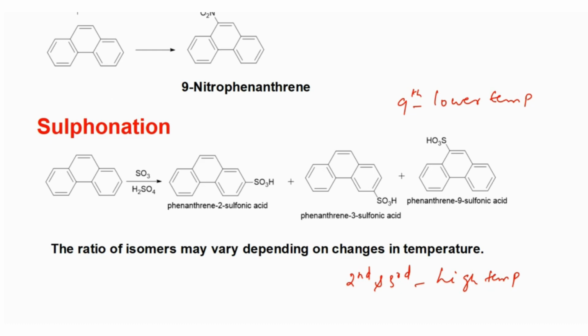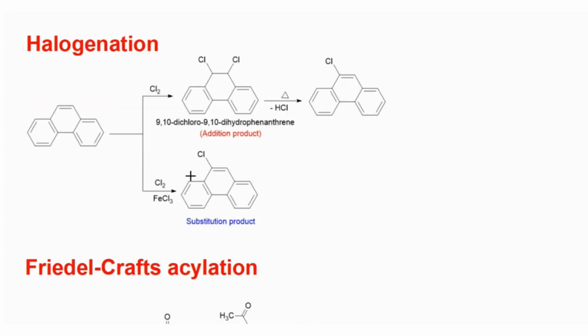Next we move into another type of reaction, halogenation. The same way as we discussed in anthracene, if you use chlorine, it will undergo an addition reaction. Both chlorines get added at the 9 and 10th positions, so it gives 9,10-dichloro-9,10-dihydrophenanthrene.